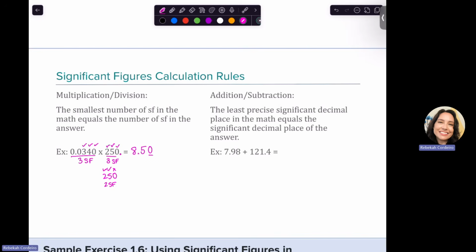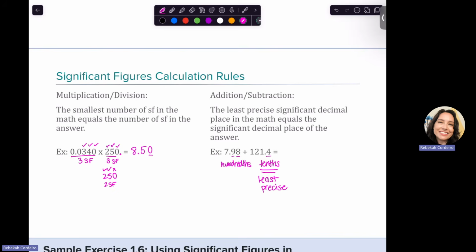For addition and subtraction, the least precise significant decimal place equals the decimal place of the answer. So this number goes 2 digits after the decimal to the hundredths place. This number goes 1 digit after the decimal to the tenths place. The least precise is the tenths. It goes to the right, the least amount.